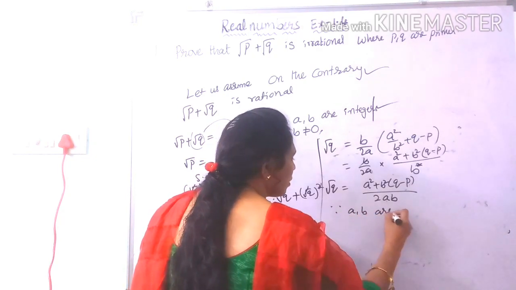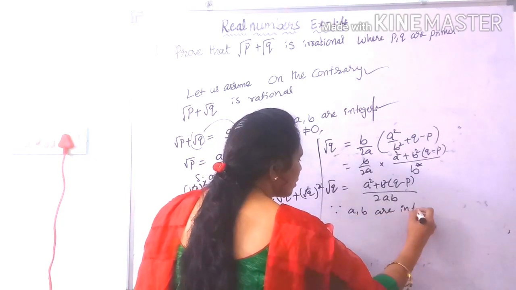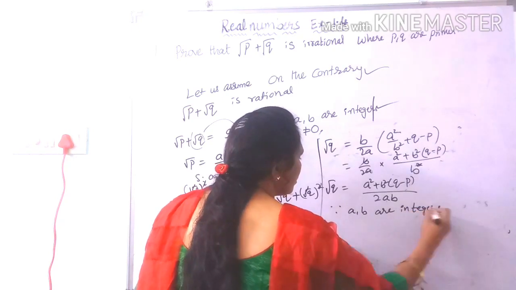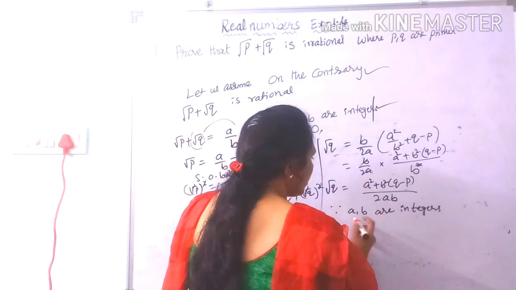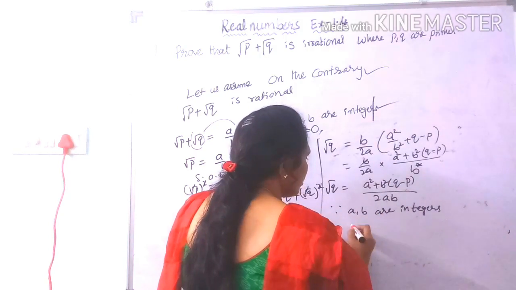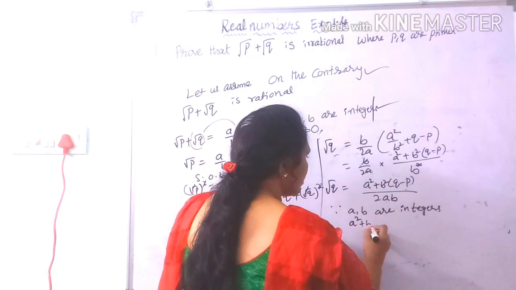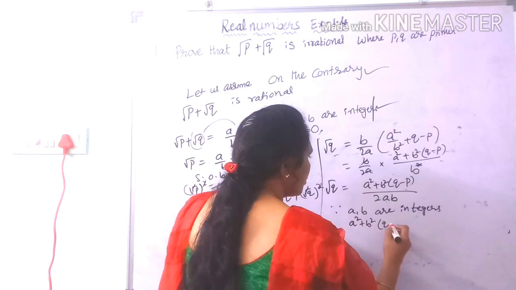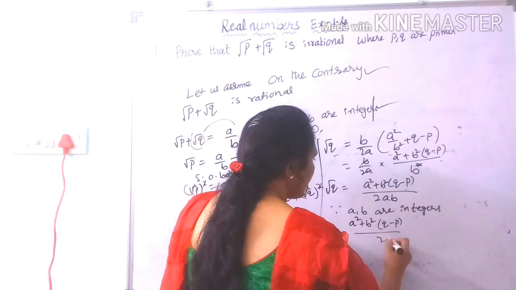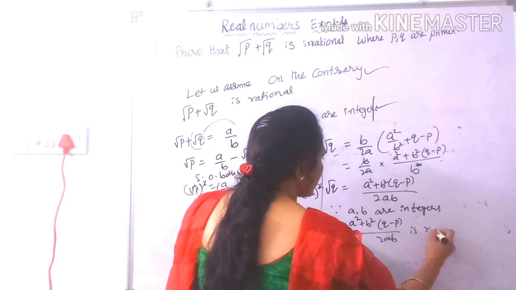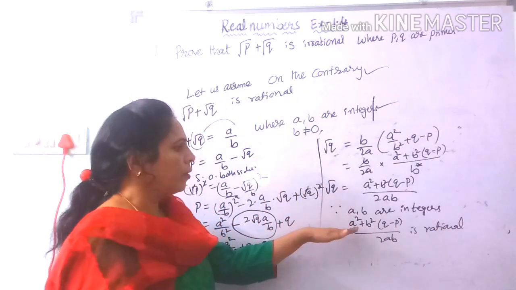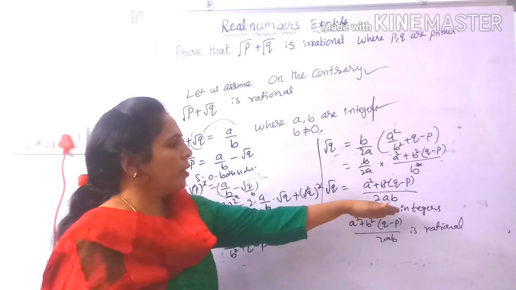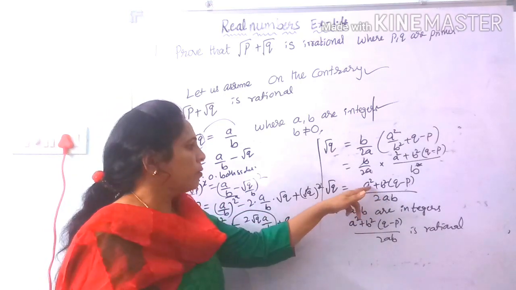Here since a, b are integers, it becomes a rational number. So a square plus b square into q minus p by 2ab is rational, since a, b are integers and b is not equal to 0.